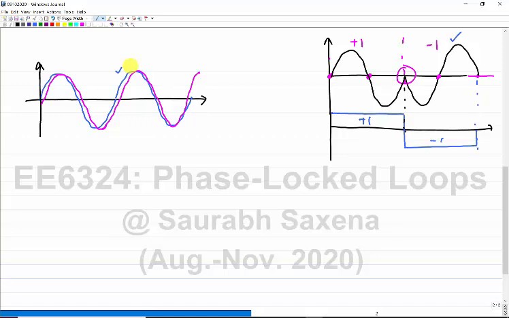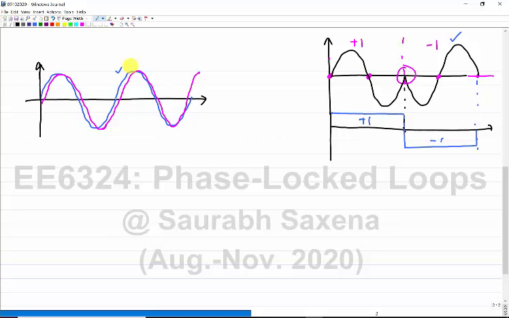If you are having multiple zero crossings, this is like a really bad clock.